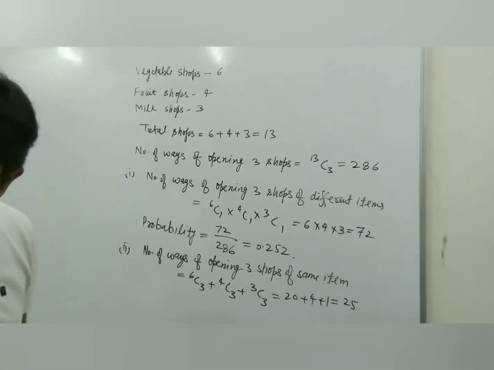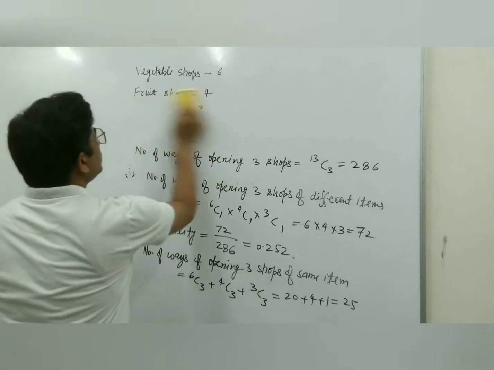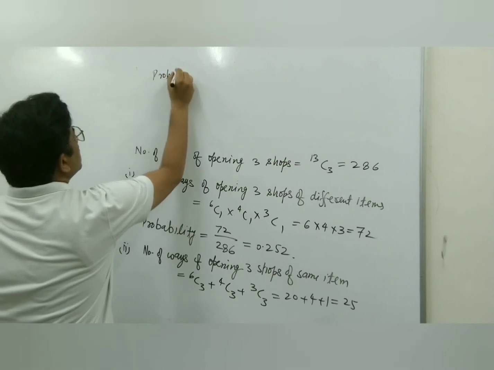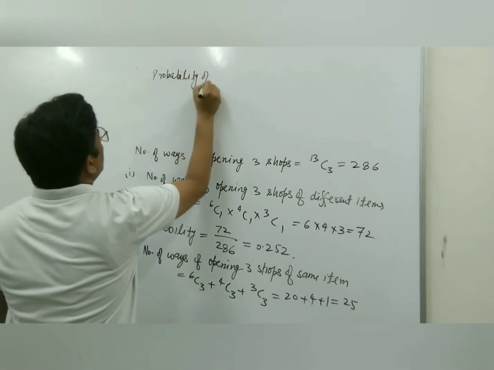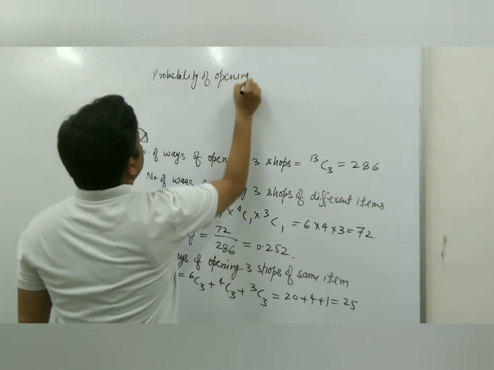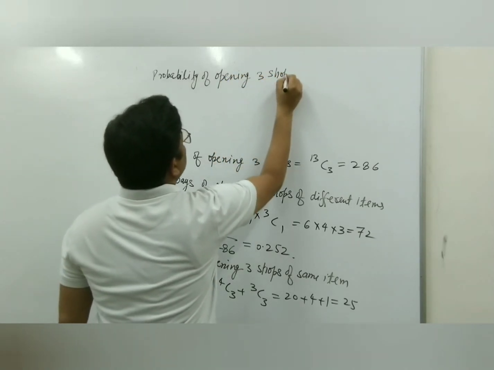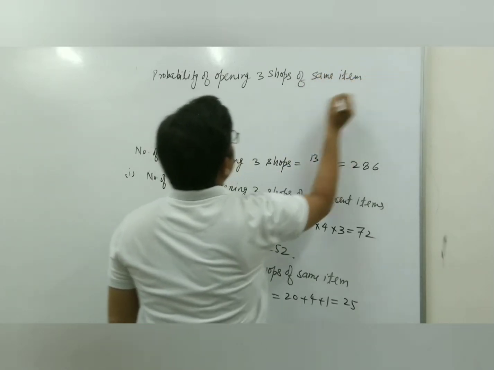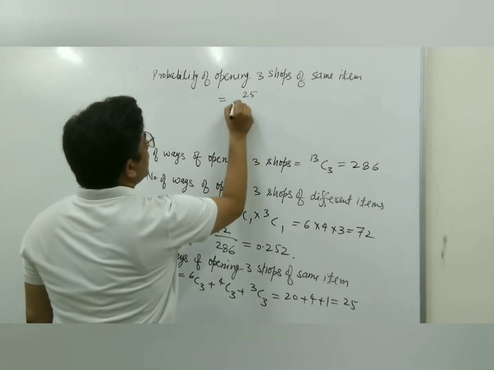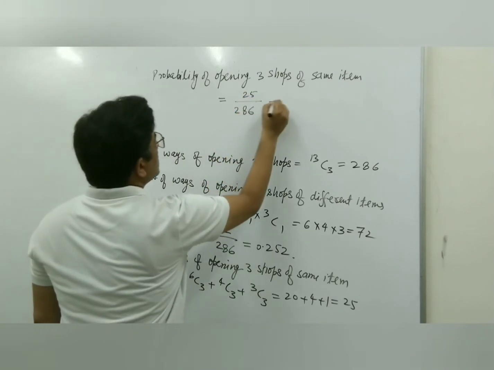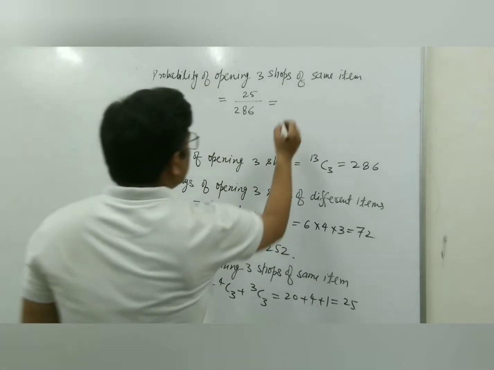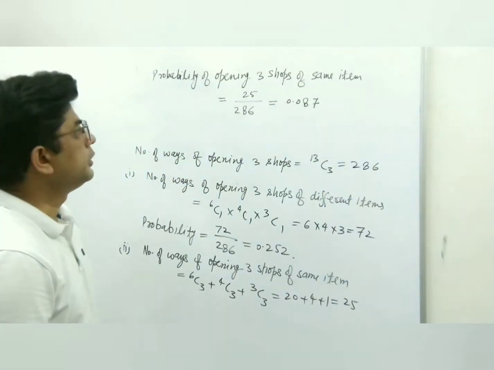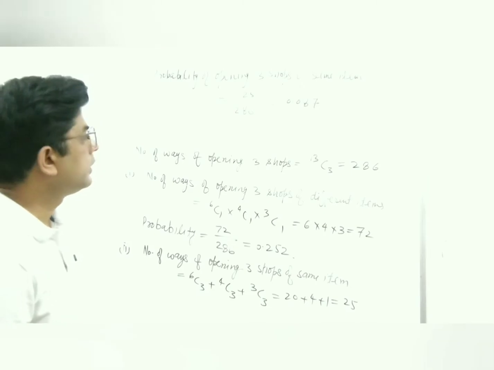So the probability of opening 3 shops of the same item is equal to 25 upon the total number of ways, which is 286, and after calculating we can find this is 0.087. So this is the probability of opening 3 shops of the same item, 0.087.